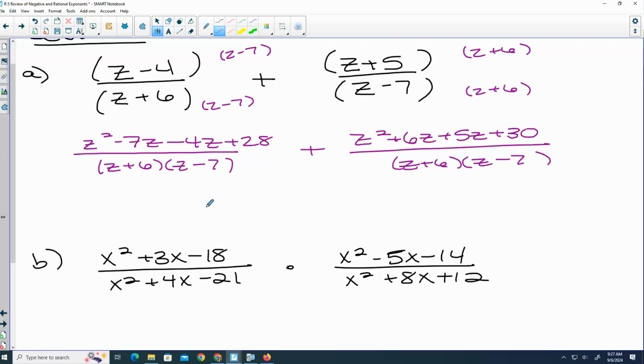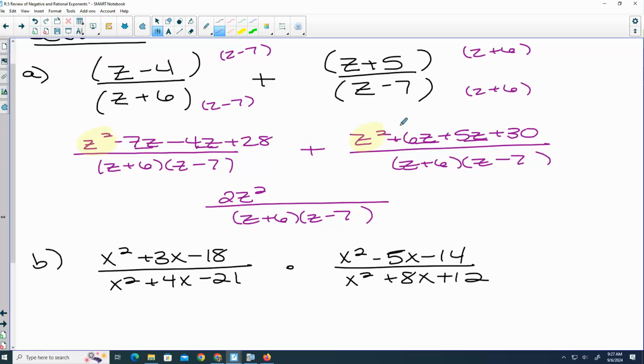The denominators are the same, so I can put my fractions together. We're adding like terms. So Z squared plus Z squared is 2Z squared. Negative 7Z, negative 4Z, 6Z, and 5Z.